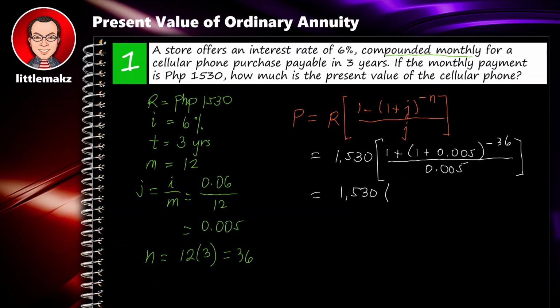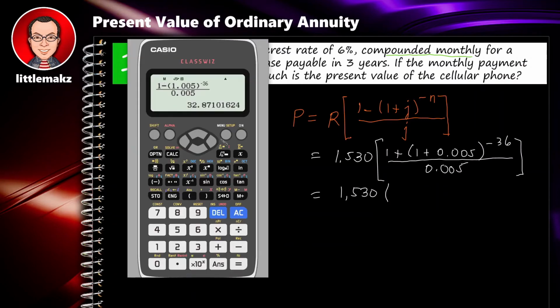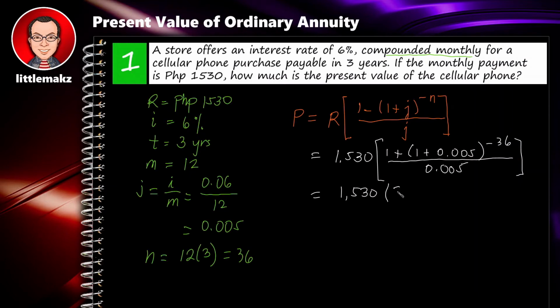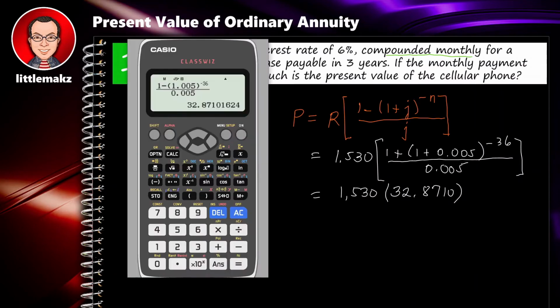Okay, so I already have found this. So I already have computed this through your calculator. We have 32.8710. So I'll just simply multiply this by 1530 to be able to get a more precise and accurate answer.